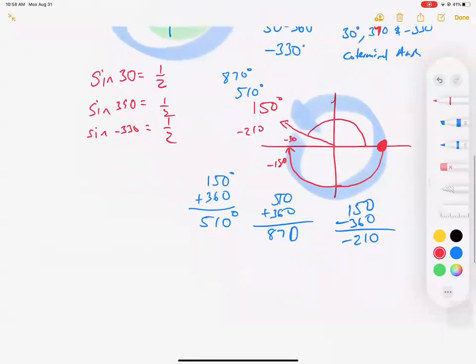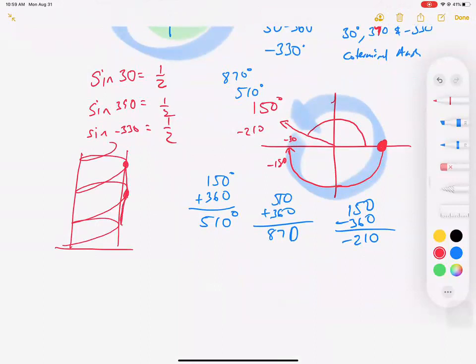Sometimes I think of those parking lots that have this weird shape going up. If I drop something from here to here to here, these are all, in a sense, coterminal. They're not on the same level, but they are the same angle.